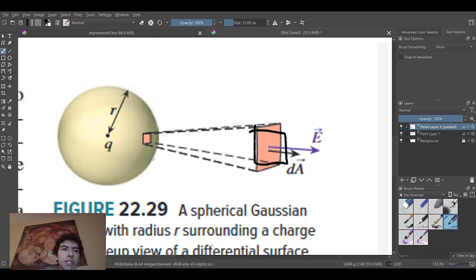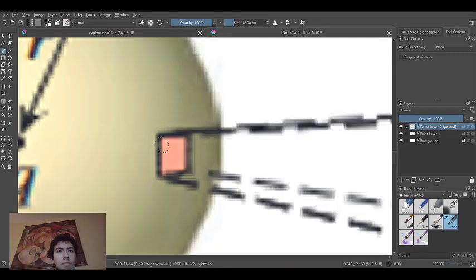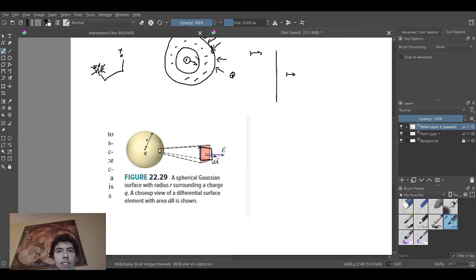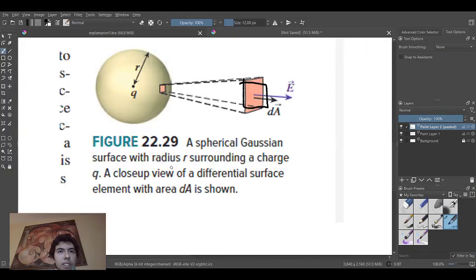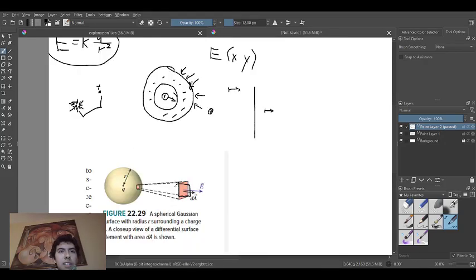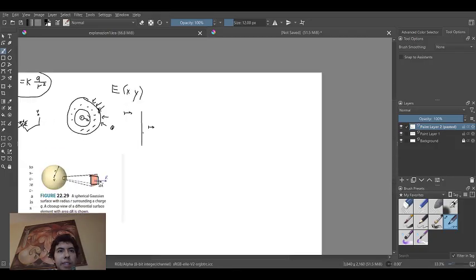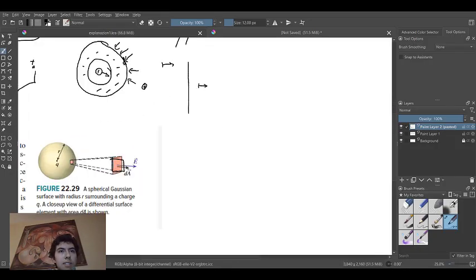This, as it is called, Gaussian surface, has a small area which has its own electric field, and essentially, Gauss's law makes it so that it's a sum of all of the electric fields found in these surfaces.